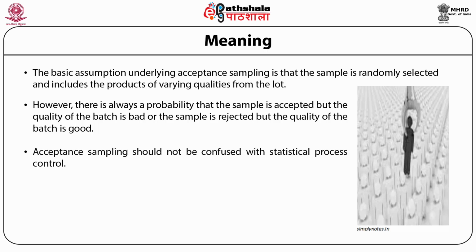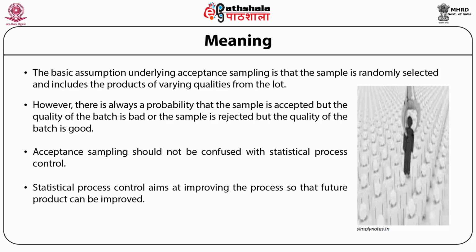Acceptance sampling should not be confused with statistical process control. Statistical process control aims at improving the process so that future product can be improved.